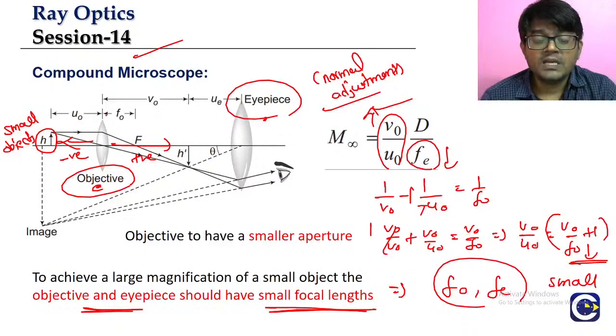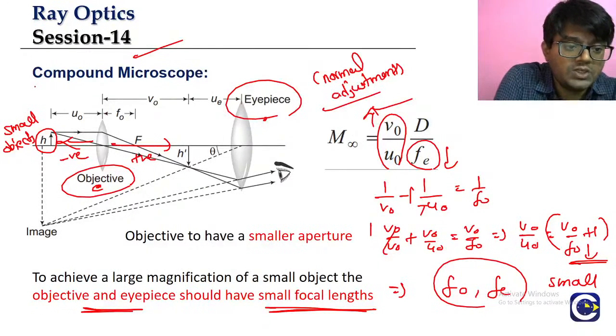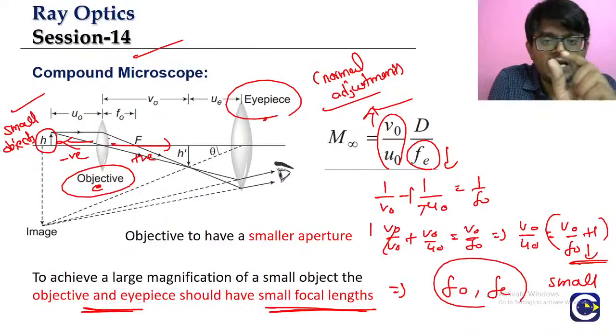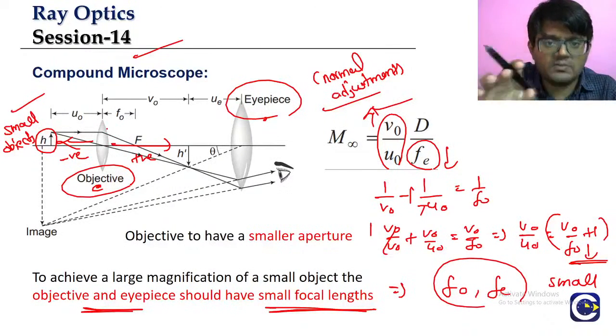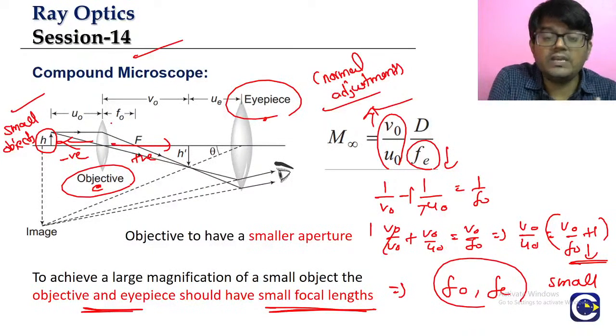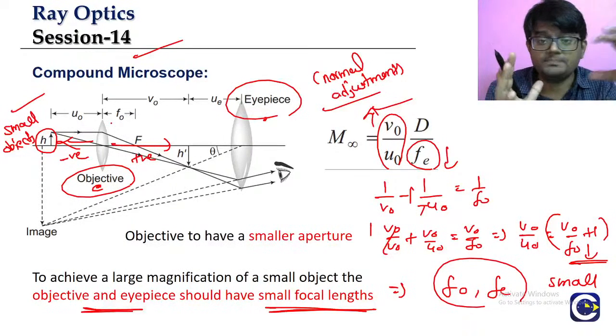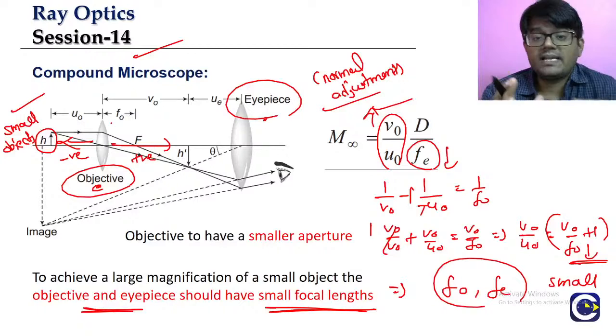And the aperture of the objective will be small, because the actual object is small. So we just require a small aperture lens so that we can see the light rays coming from the object comprehensively. When we require a large aperture, if you want to capture more light rays coming from the object, that we'll see when we go to the telescope, where the object will be at infinity.